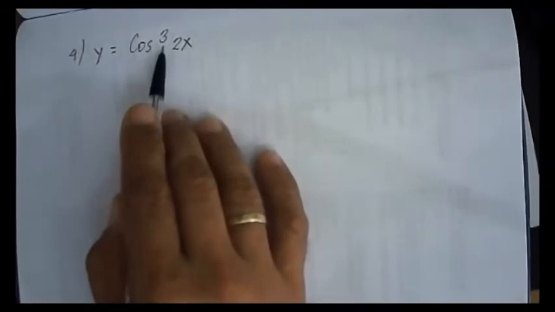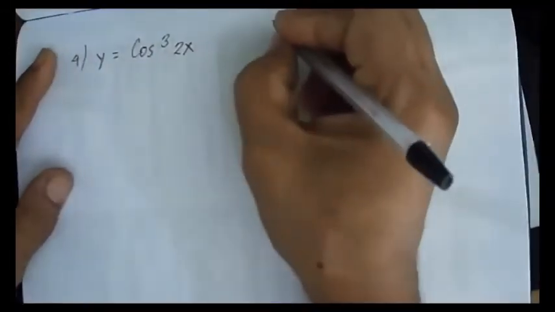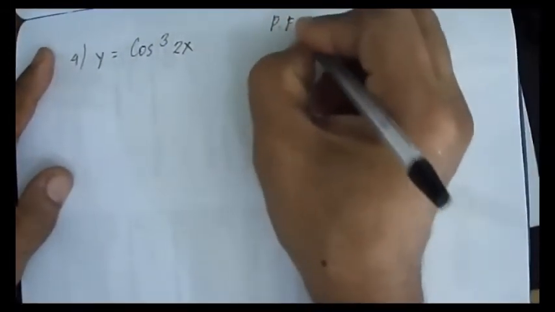So next, you have your number 4, y is equal to cosine cube 2x, no? So pag titignan po natin, yung kanina dun sa objectives natin, number 4, higher derivatives of trigonometric functions. Yung first 3 example po natin, we have already first degree. But by this time, we have third degree. Okay? So, we're going to make use of your power formula.